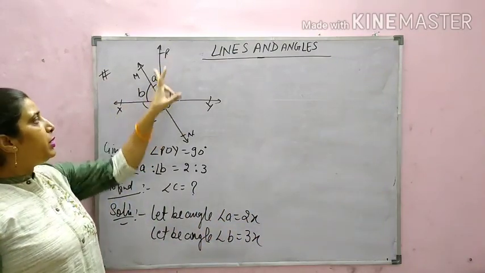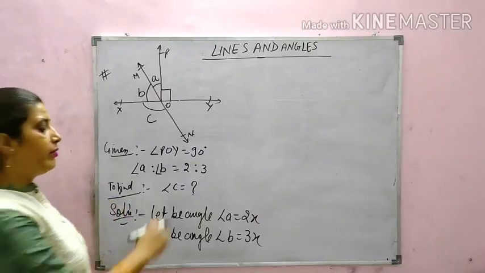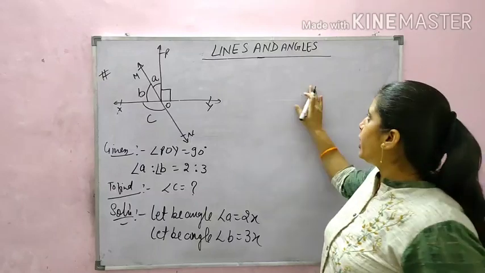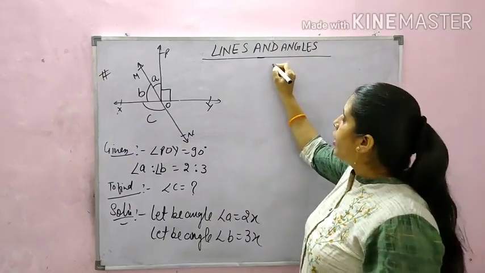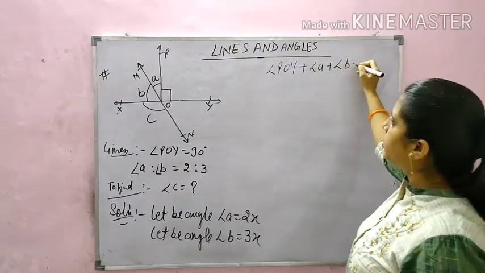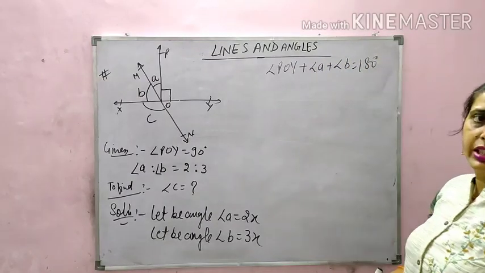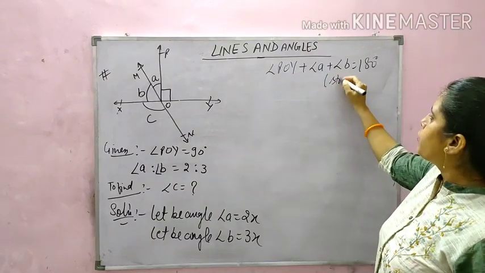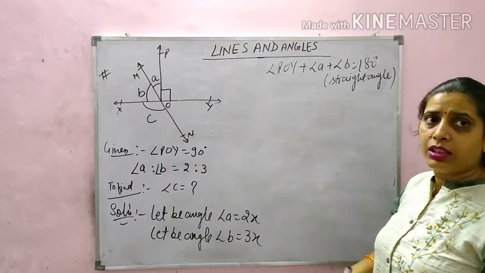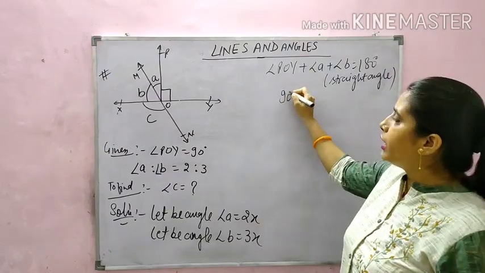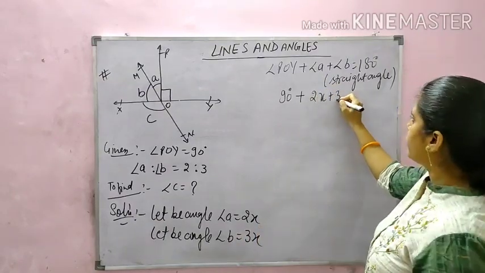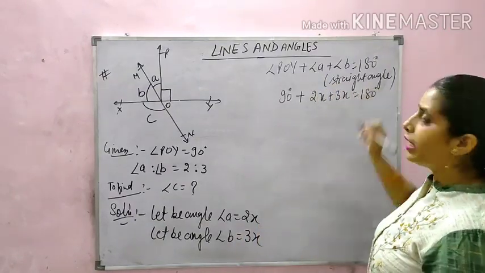Now see, if angle POY is 90 degrees, then angle POX will also be 90 degrees, or we can say that angle POY plus angle A plus angle B equal to 180 degrees. Which type of angle? This is a straight angle. Clear?